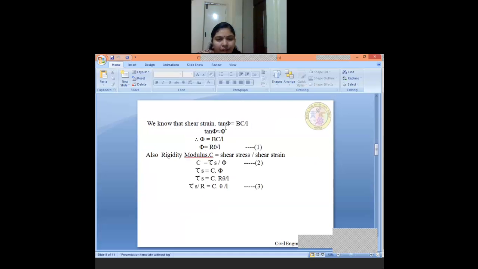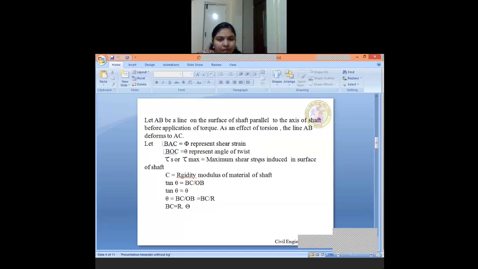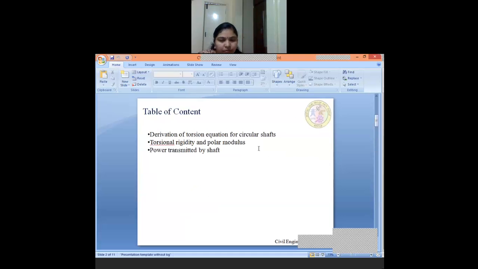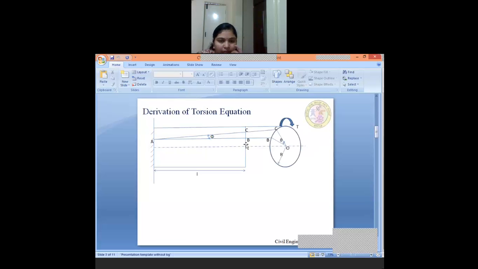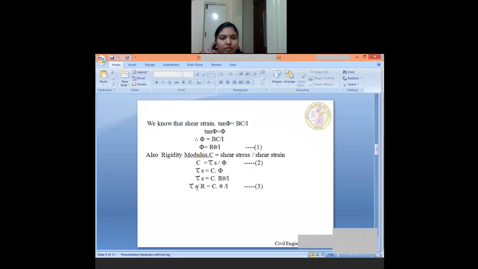Then we know the shear strain, tan phi, is equal to BC by AB. BC is R theta, already found from the previous step. So phi is R theta by L. That is equation 1.